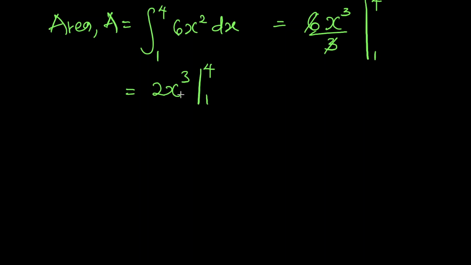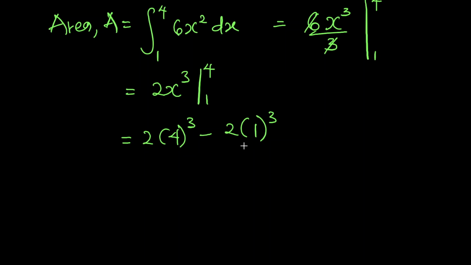If we must substitute these values, we will start by putting the upper boundary first, the number on top, then subtracting with the number below. So we'll put 4 wherever we have x. That becomes 4 raised to the power of 3 minus 1 raised to the power of 3. Always remember that the exponent tells us the number of times the base repeats itself.